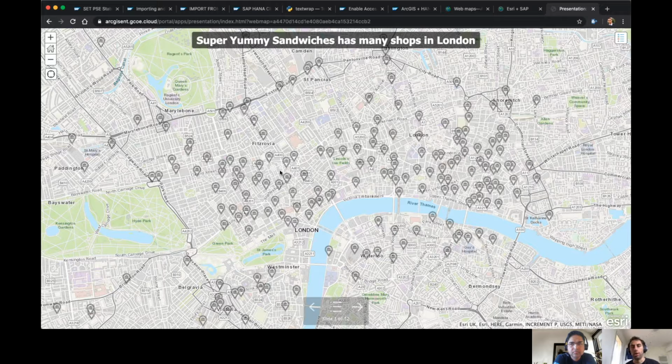So yeah, the context was finding where the next best locations are for a franchise to open up. That franchise sells a commodity, so people are not going to travel a long distance to get there.